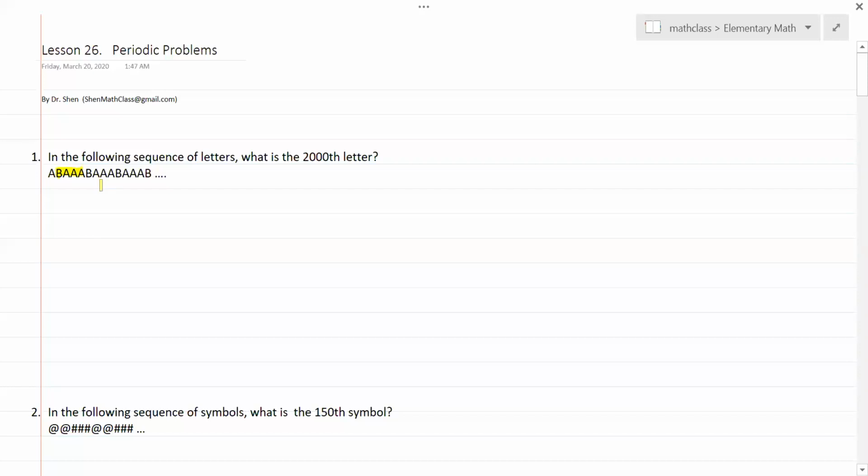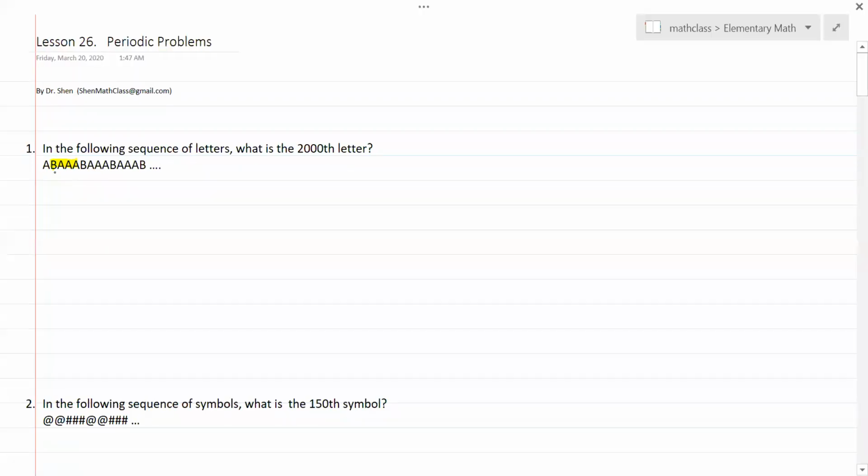Sometimes you have to ignore the first letter or first few letters, then you see it shows up periodically. So this BAA block, those 4 letters, shows up every time except the first one.